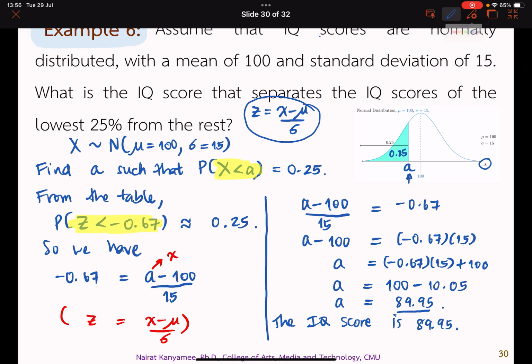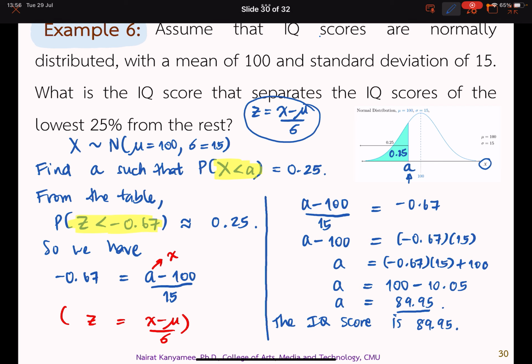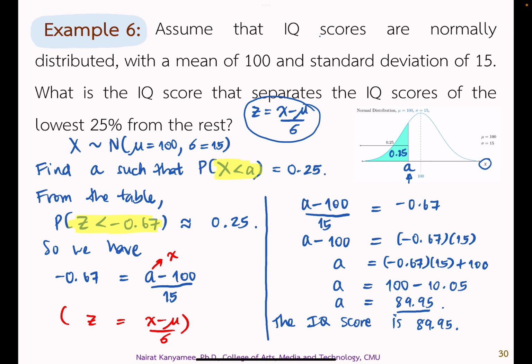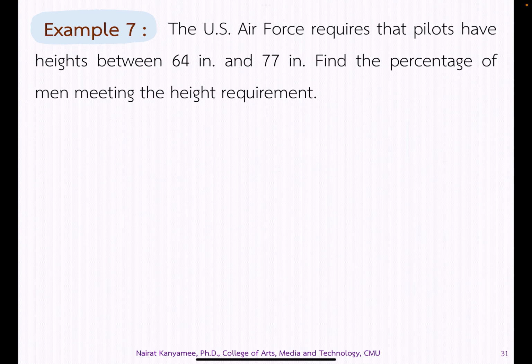All right, this is the other type of problem. And I think example 7 is the last one. Let's see. The U.S. Air Force requires that pilots have a height between 64 inches and 77 inches. In the U.S., we use inches and feet, right?